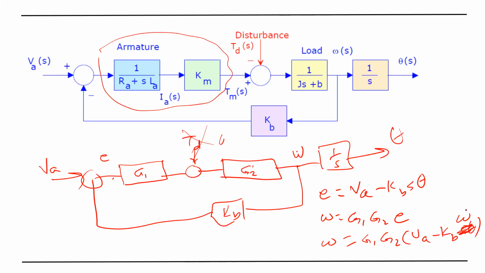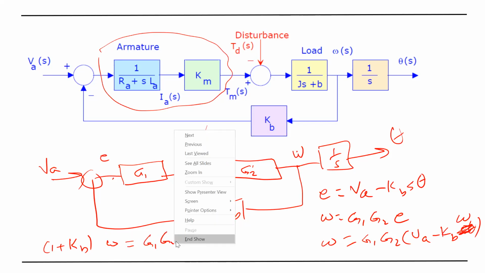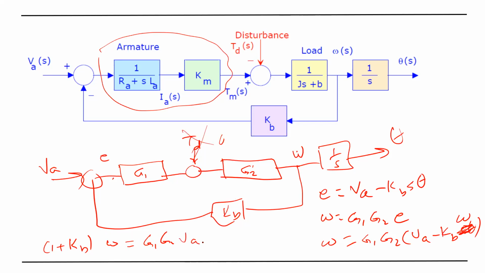From that, we can find the transfer function. Exactly. So basically solve for omega in terms of VA. So omega times 1 plus KB, equal to G1, G2 times VA. Wait, doctor, KB is supposed to be multiplied by G1 G2, right?